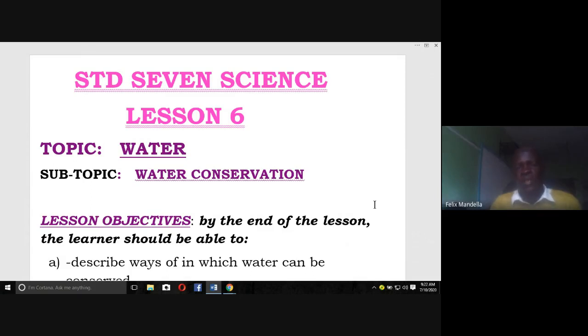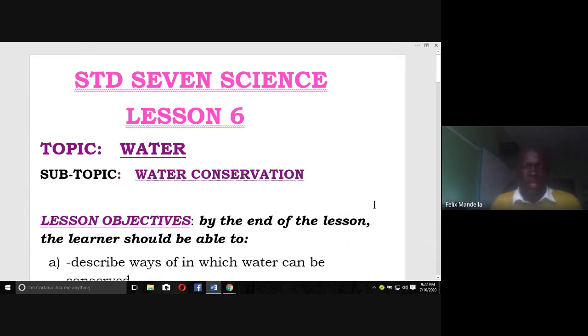We also looked at effects of water pollution on crops. We looked at effects of water pollution on animals. And we also looked at effects of water pollution on plants, on soil.